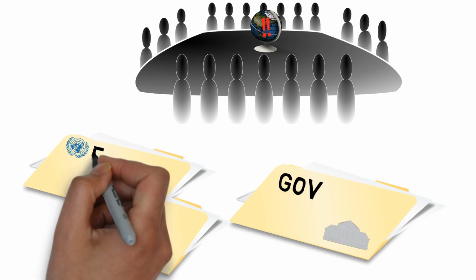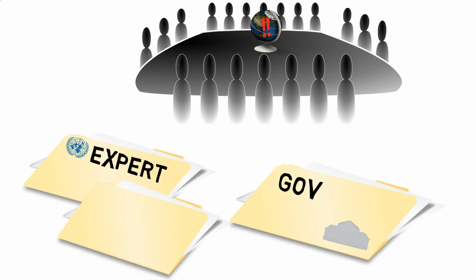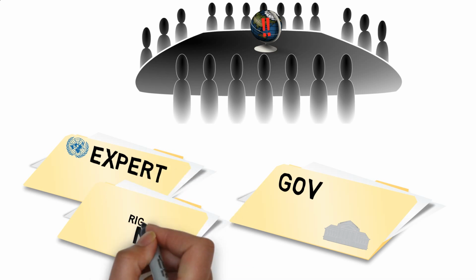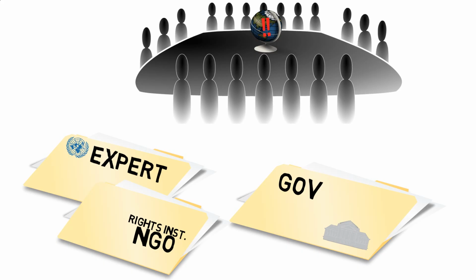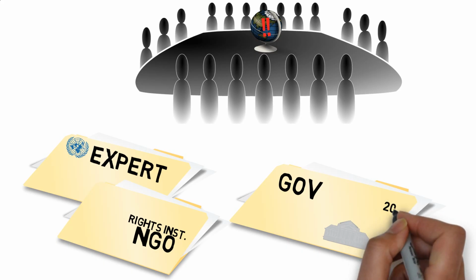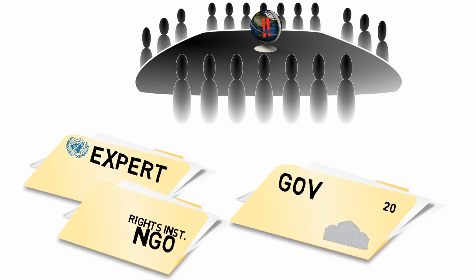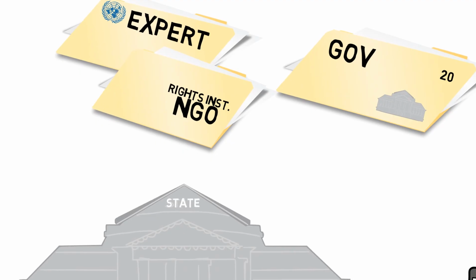Firstly, 3 reports are prepared and submitted to the Human Rights Council. 1 from the government being reviewed, 1 summarising input from UN experts, and 1 summarising input from civil society and national human rights institutions. The government report is 20 pages long, so really quite short.